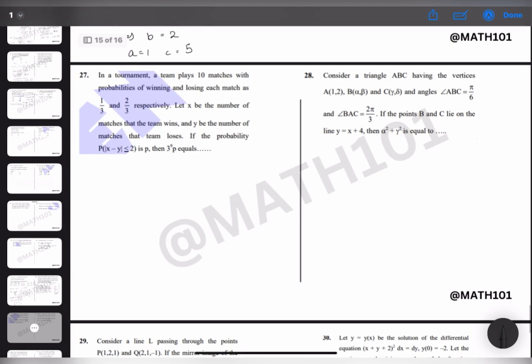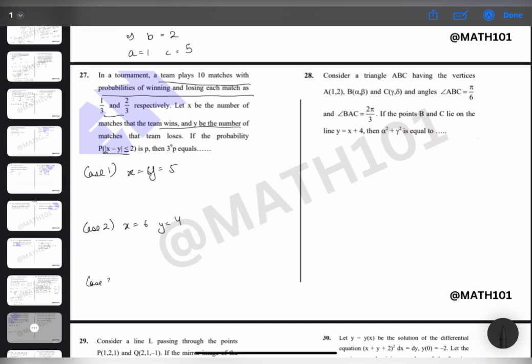Moving on to question 27. A team plays 10 matches with probabilities of winning and losing each match given. So again dividing into cases. Case 1, X equals Y, then X equals Y equals 5. Case 2, X equals 6, Y equals 4.